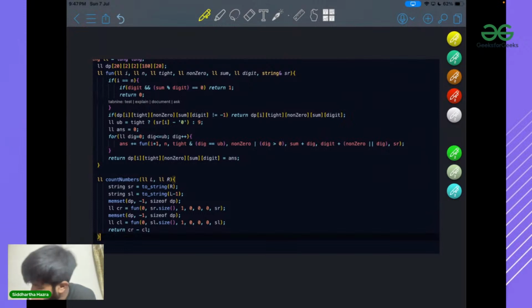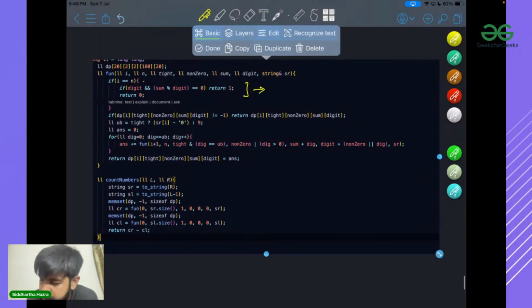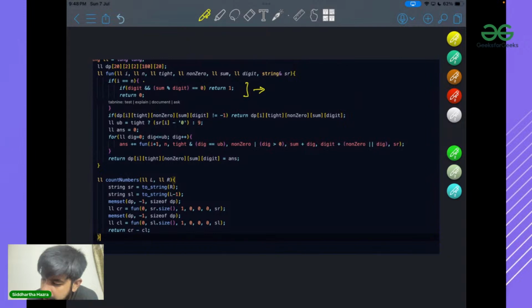Now see. What this basically does is, if we have computed all the n values, then we would simply check at this point that the sum we are getting from here, if that divided by the number of digits that we have used, if that is equal to 0, then we would return 1, else we would return 0.